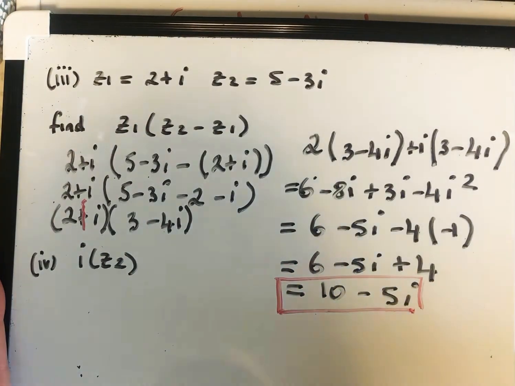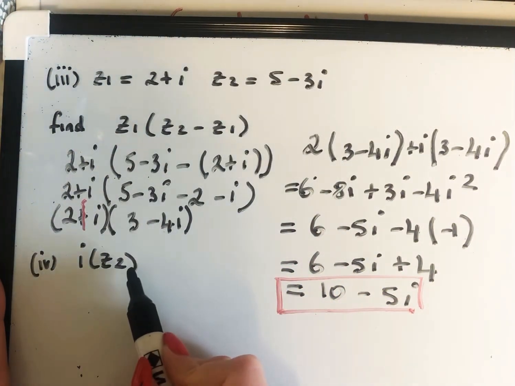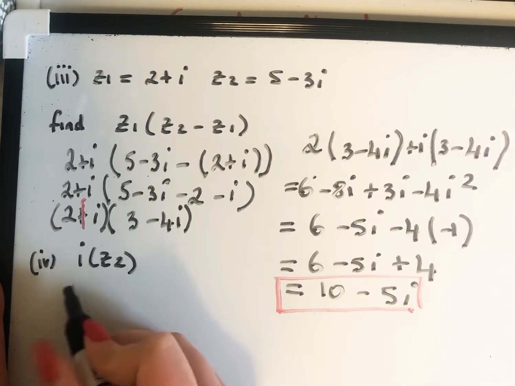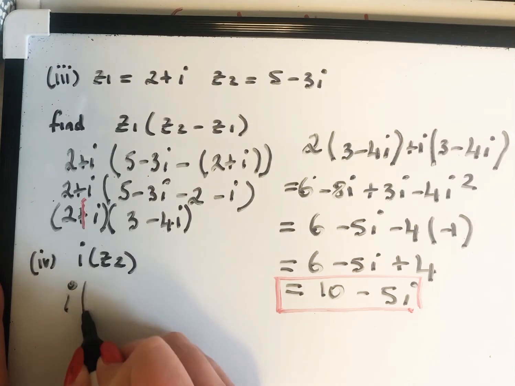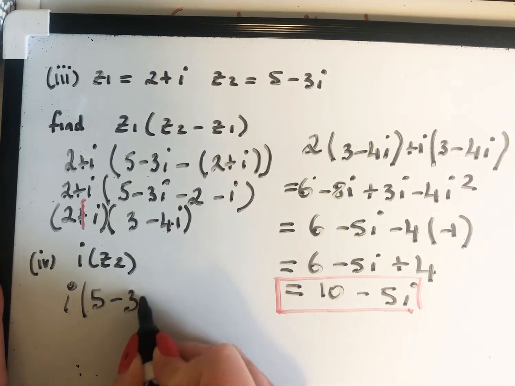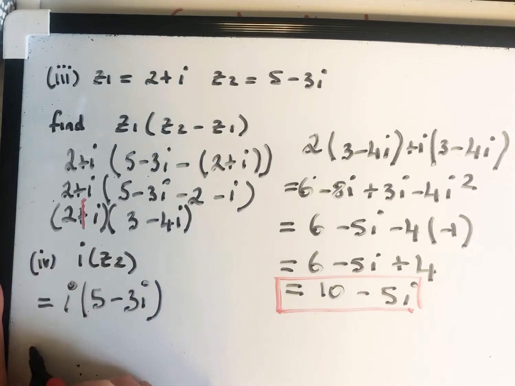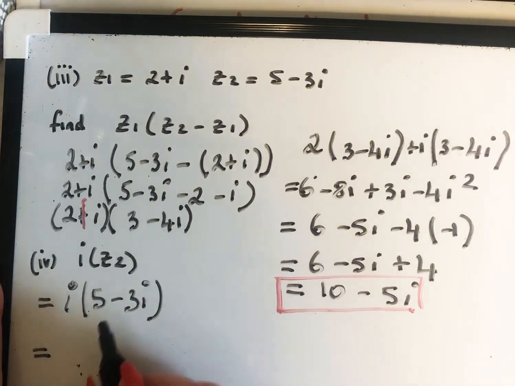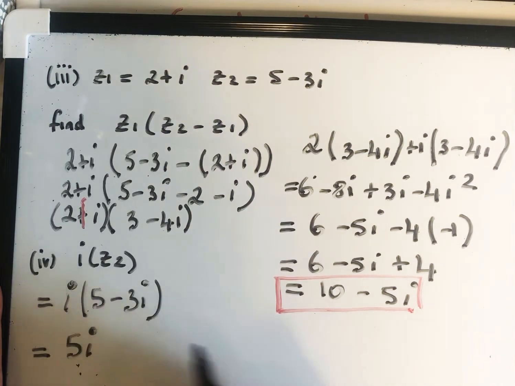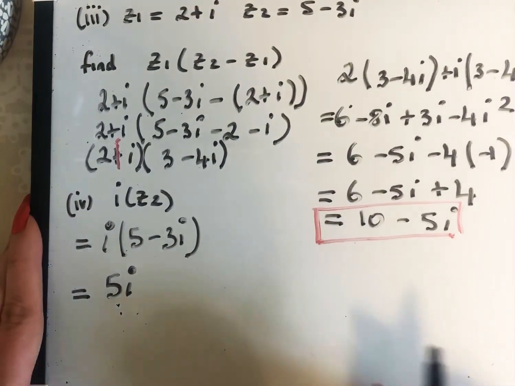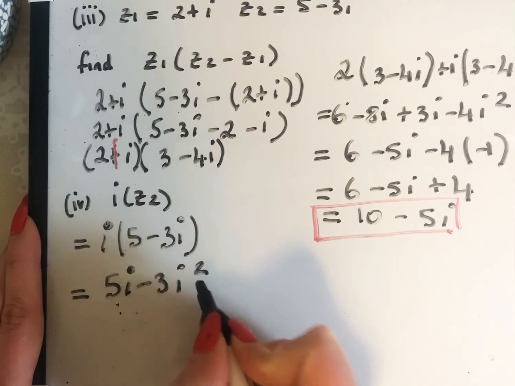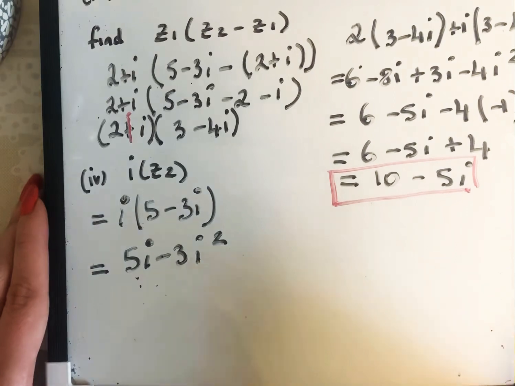Now on to our final question, where we have i multiplied by z2. So we keep our i and we replace z2 with 5 minus 3i. Now we're going to multiply in the i. So we have i by 5 is 5i, and then i by negative 3i is negative 3i squared, and we know i squared is minus 1.